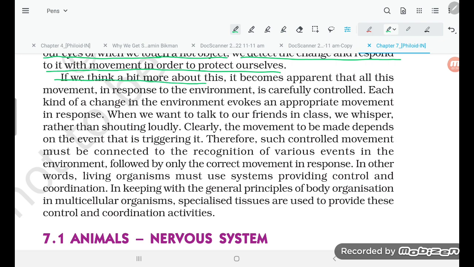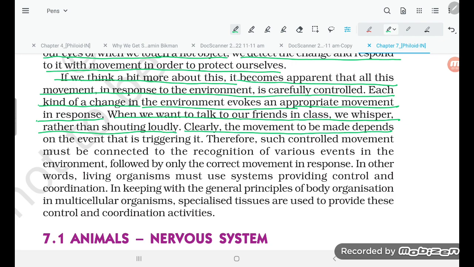If we think a bit more about this, it becomes apparent that all these movements in response to the environment are carefully controlled. Each kind of change in the environment evokes an appropriate movement in response. When we want to talk to our friends in class, we whisper rather than shouting loudly. Clearly, the movement to be made depends on the event that is triggering it.